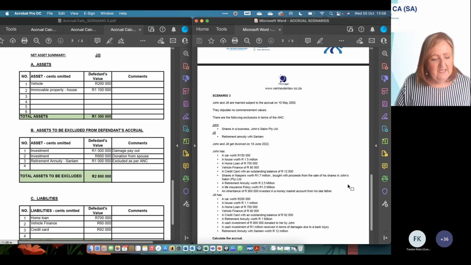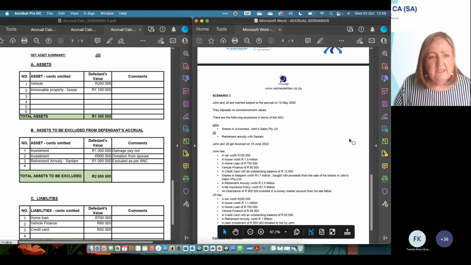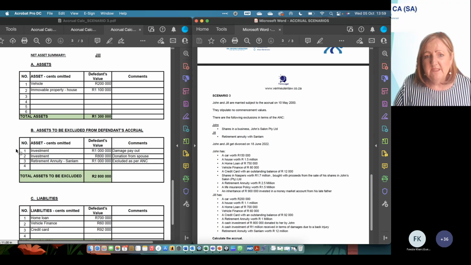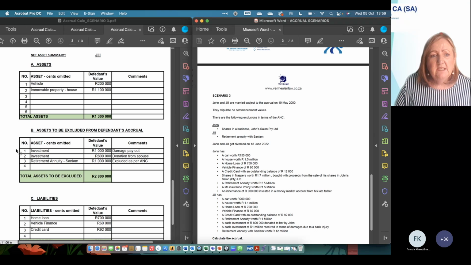Okay, and then if we look at Jill, as I explained now, as per the ANC, the retirement annuity with Sanlam was excluded. Hence, we're moving the retirement annuity from the asset portion to the assets excluded.